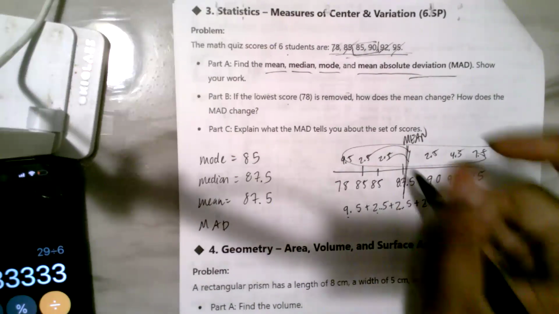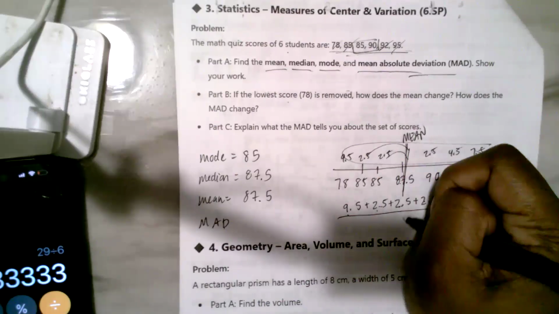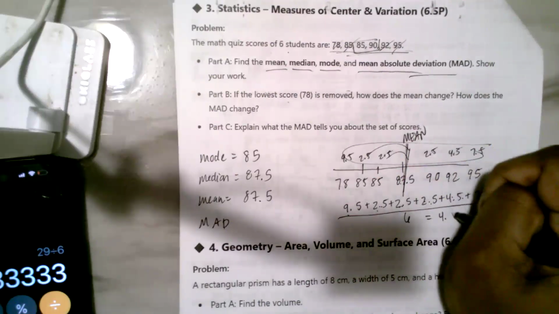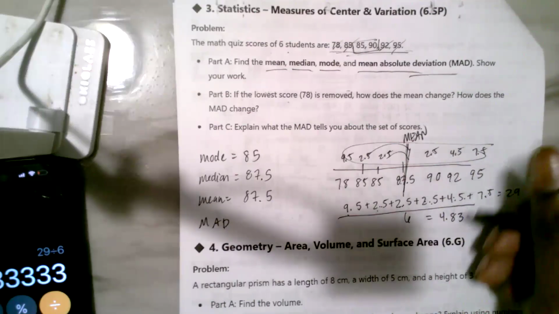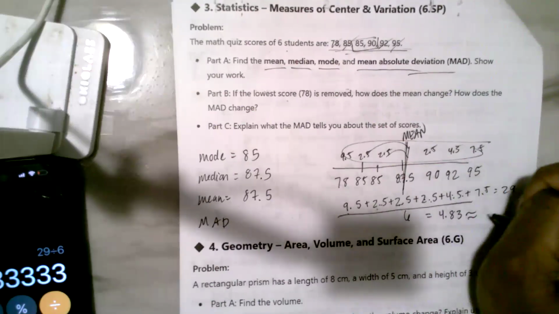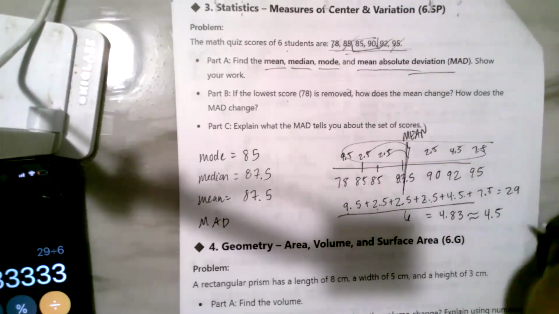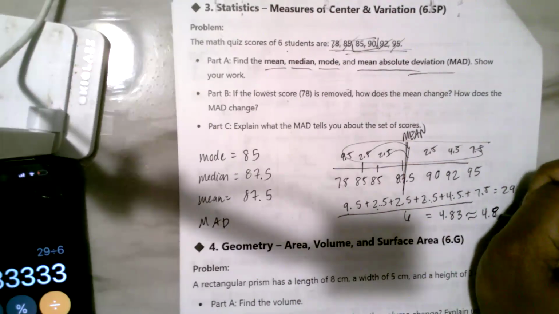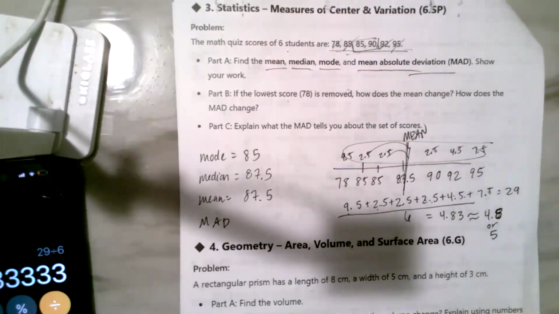Divided by 6. 4.83, which would round to 4.8, or 5.